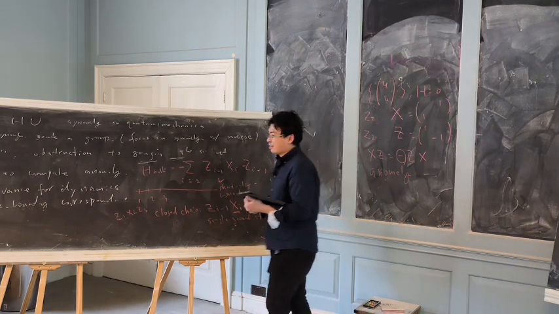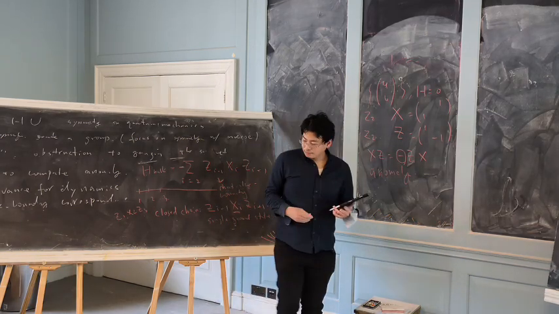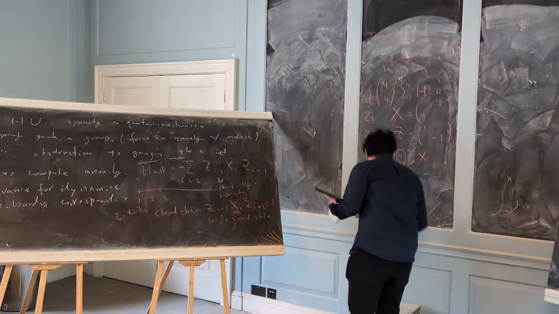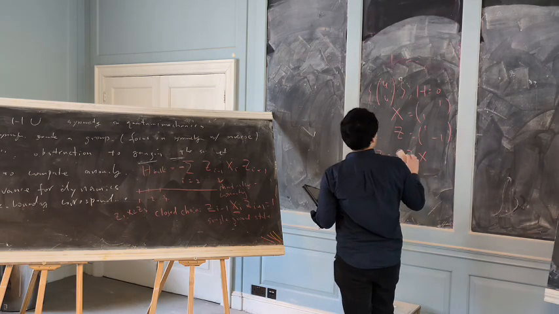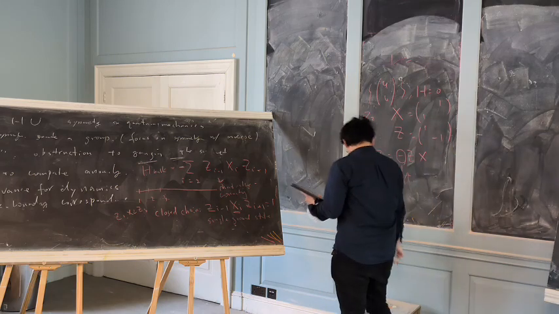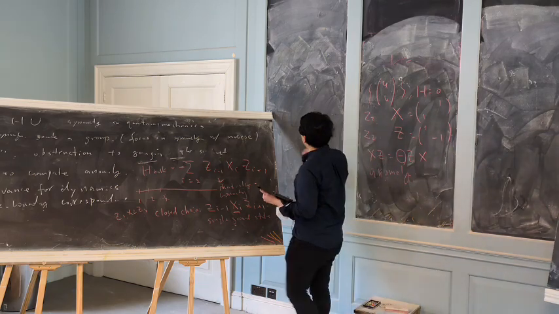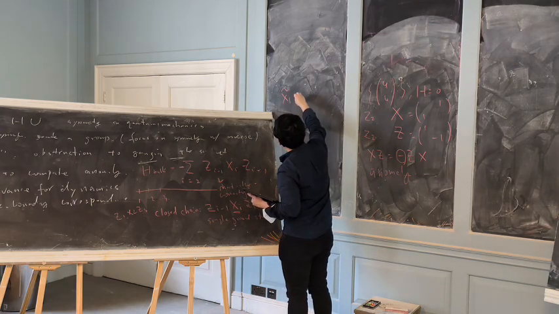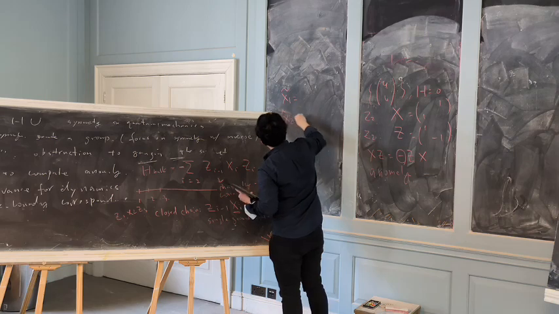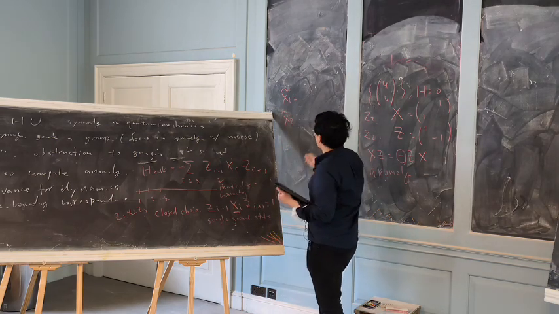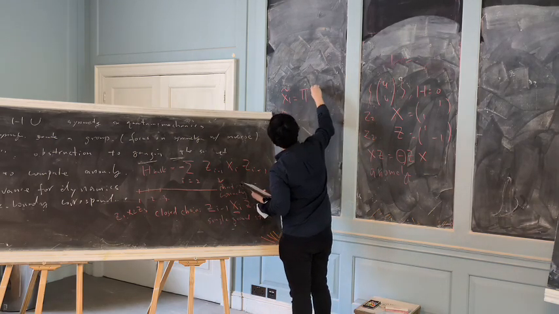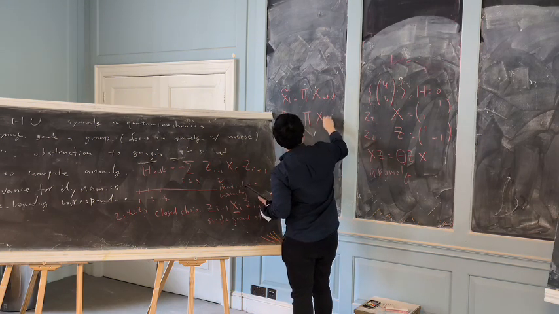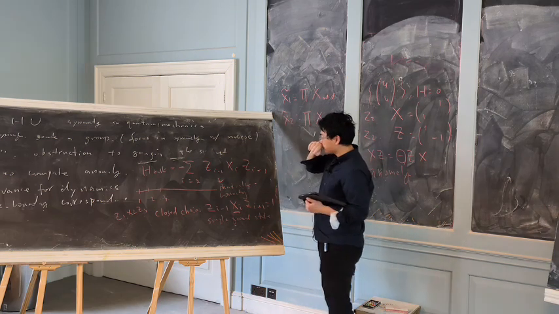So let's ask what the symmetries in this model are. If you look at this bulk Hamiltonian, you will realize that there are two Z2 symmetries. I'm going to call them X1 tilde and X2 tilde, the products of the Pauli X operators on the odd sites and on the even sites.